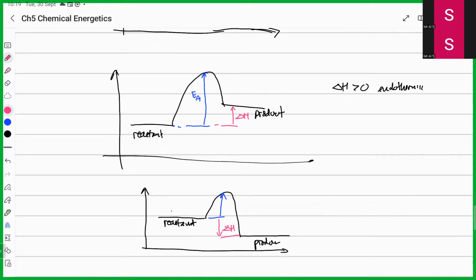Again, both activation energy and enthalpy change must start from the reactant. Activation energy is always positive, but enthalpy change can be either positive for endothermic or negative for exothermic reactions. That's it for today. Thank you very much.